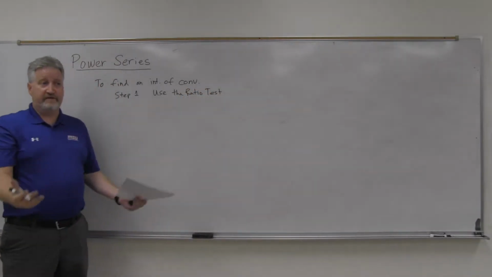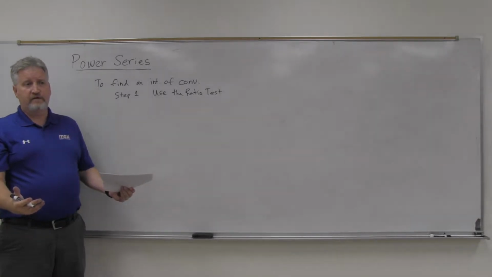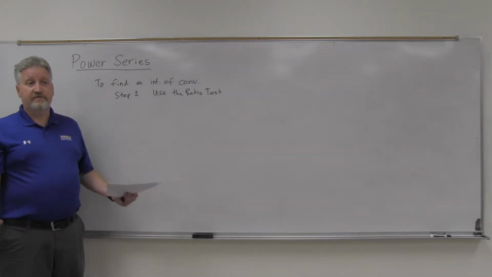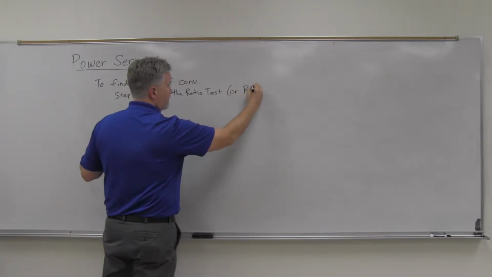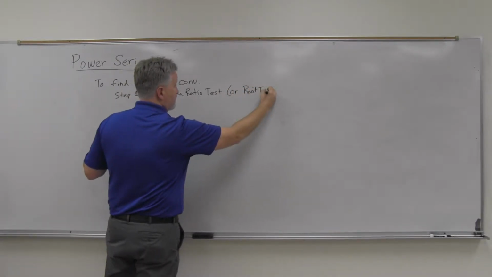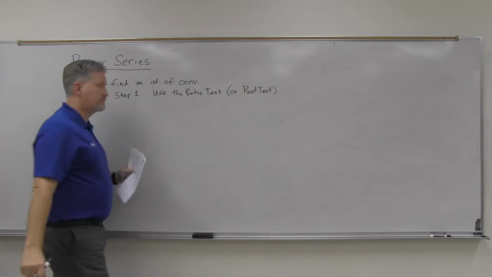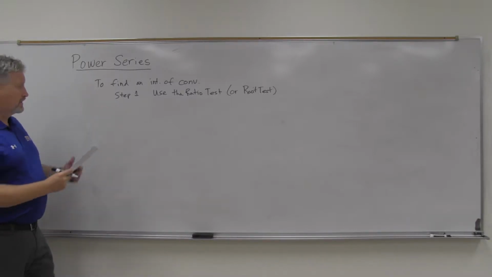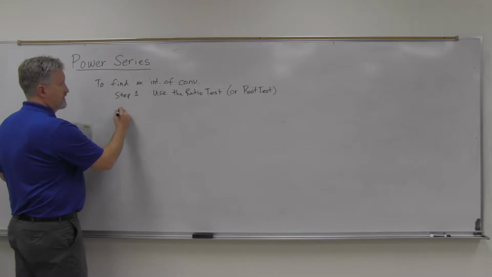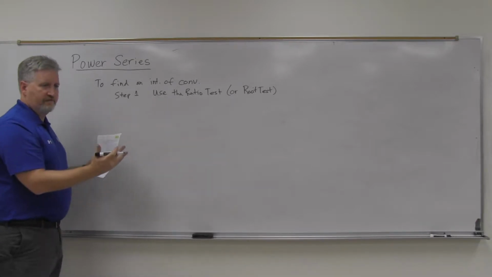Possibly, if it looks better to use the root test, then you could use that. It would accomplish the same thing, if the root test makes more sense. And that'll give you the start of an interval, okay?